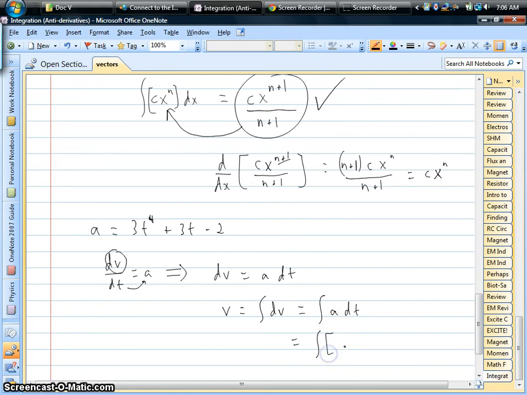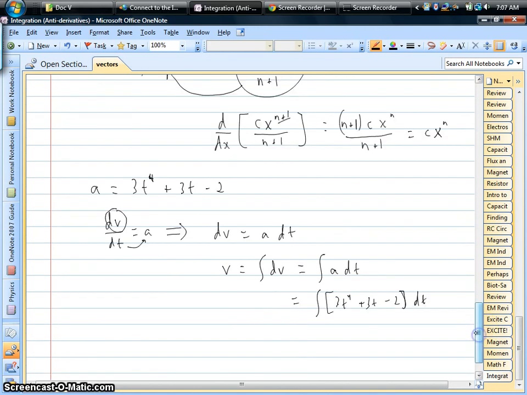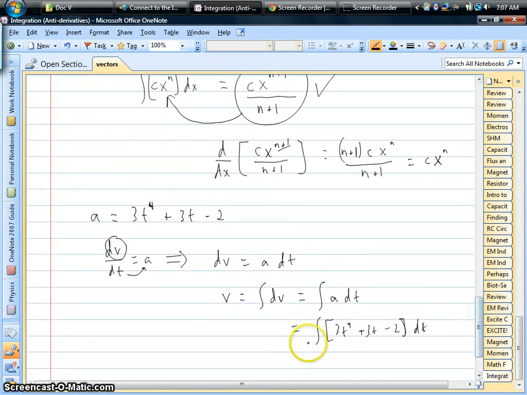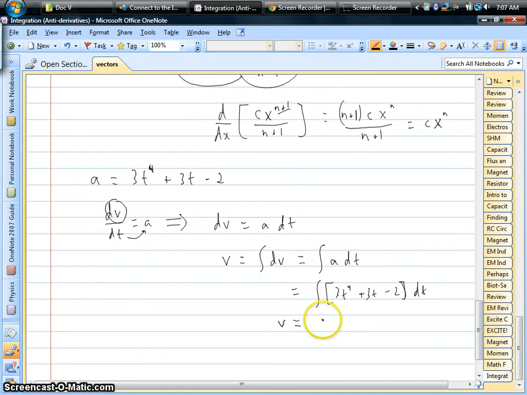So if we plug in the function that we have, 3t to the 4th plus 3t minus 2, we can use this rule that I just wrote down, term by term, and figure out what our velocity function is. So this first term, I'm going to add 1 to the power, so I get t to the 5th power, and then divide by the new power, which is 5.